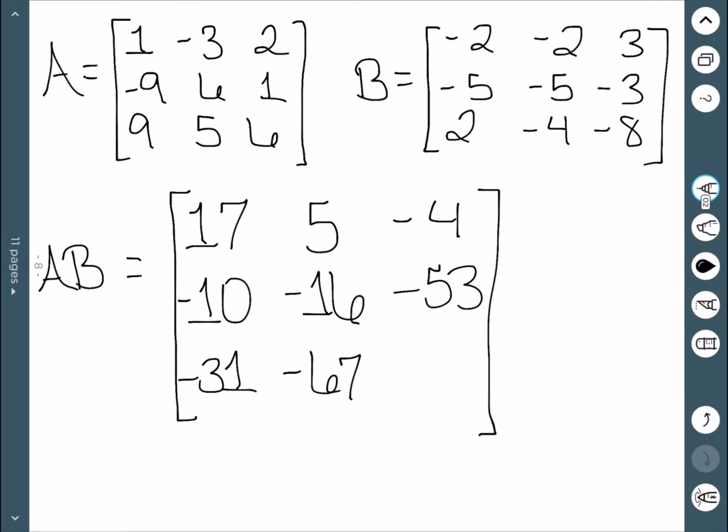And then finally, third row, third column, 9 times 3 plus 5 times negative 3 plus 6 times negative 8 is negative 36. So I now have my product.